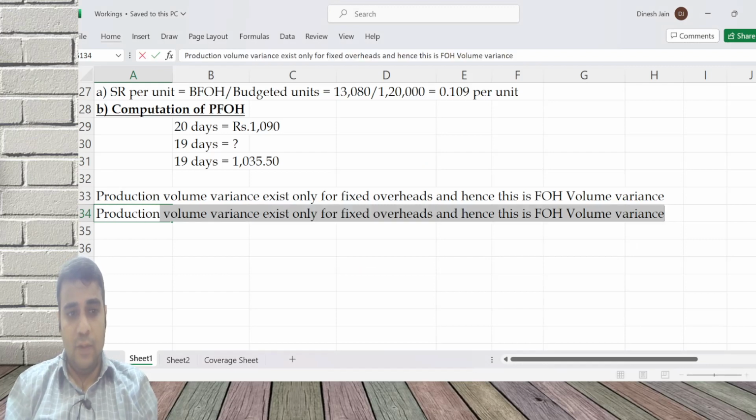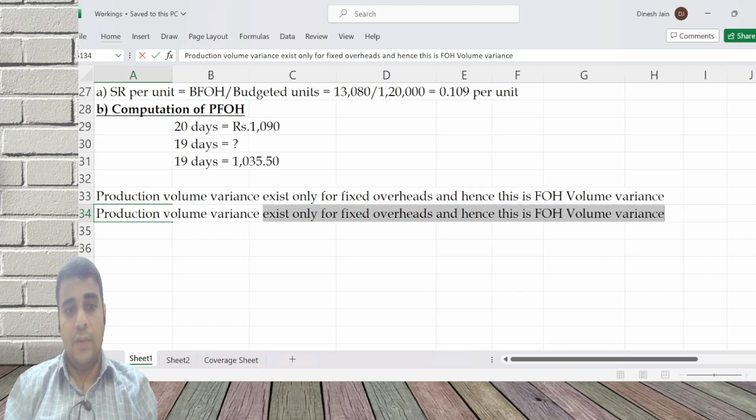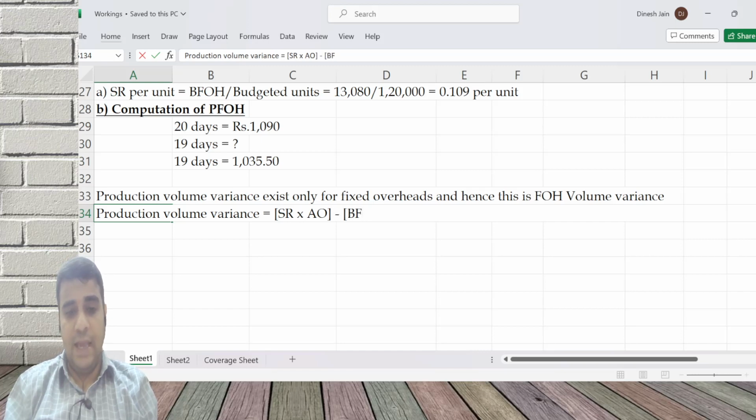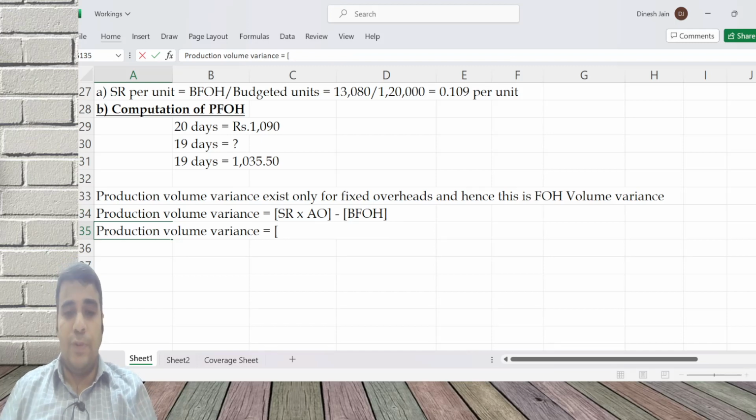The formula used to be SR into AO minus SR into SH, but I don't have SH here.